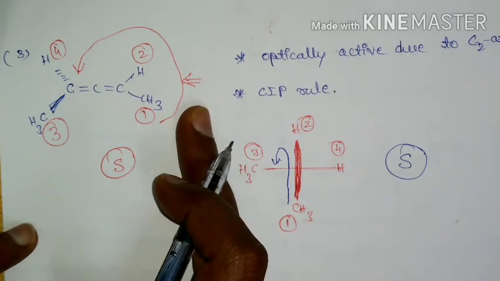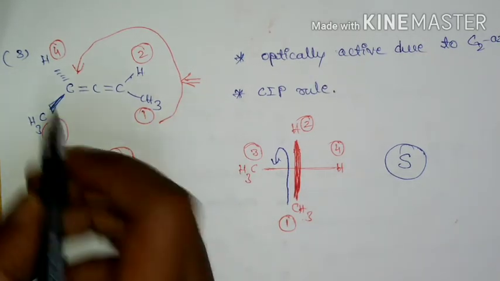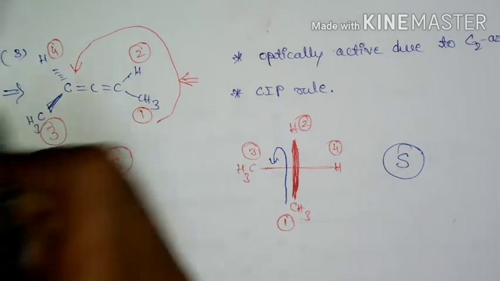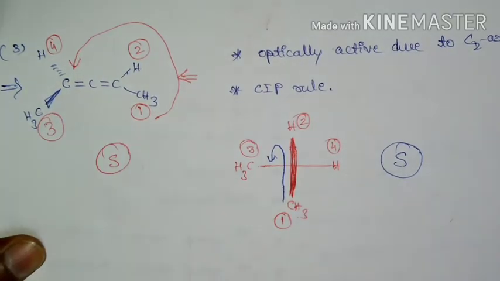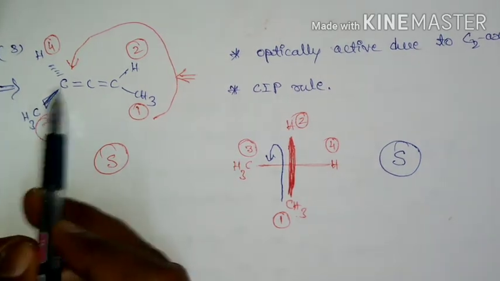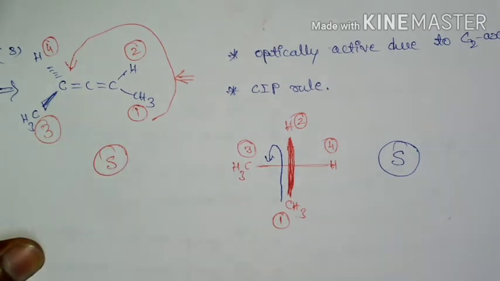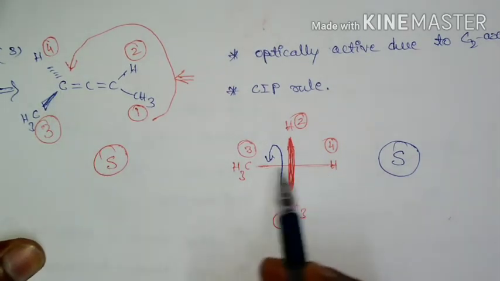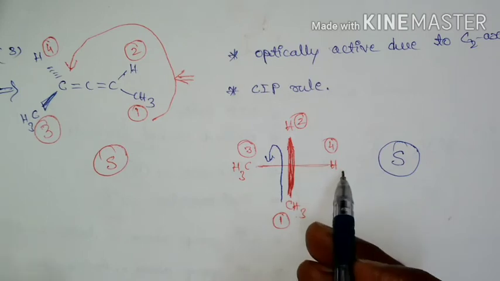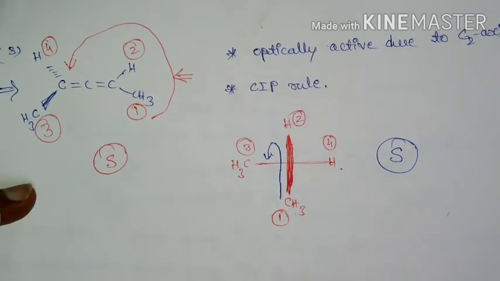So I am viewing from this side. Now if I view from the other side, in all the cases, whatever method you follow, you need to get the same configuration. It will not change. So if I view from this side, whatever bond I had written thin will now become thick because I am viewing from that side.